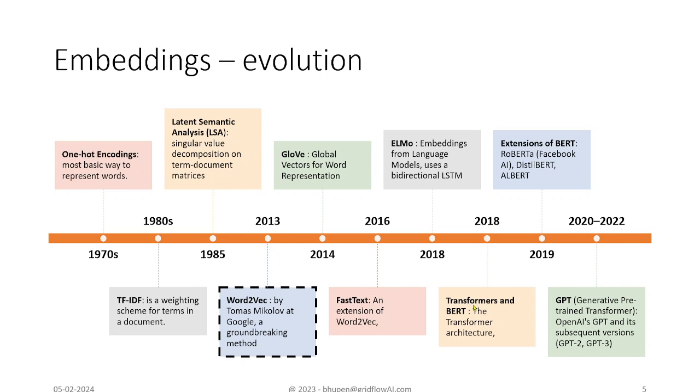And in 2018, we have BERT and transformers based embedding. And nowadays, we talk about GPT, GPT-2, 3, 3.5, 4, and so on. So that's how the embeddings journey looks in the last 30 to 40 years. In this video, we'll talk about Word2Vec.